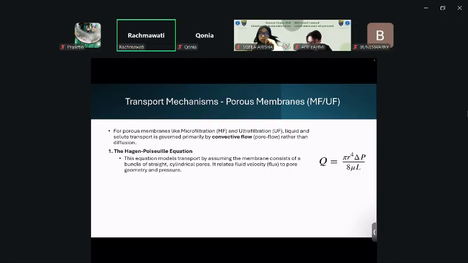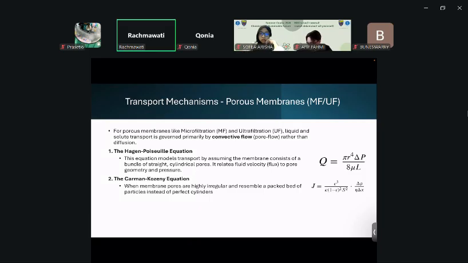So it relates fluid velocity as a flux to the pore geometry and pressure. It's actually similar to the viscosity, if you still remember the Poiseuille equation. And then the second one is the Kozeny-Carman equation. It is used if the membrane pores are highly irregular and resemble a packed bed of particles instead of perfect cylinders. So these two people proposed a new equation which actually supports the data.